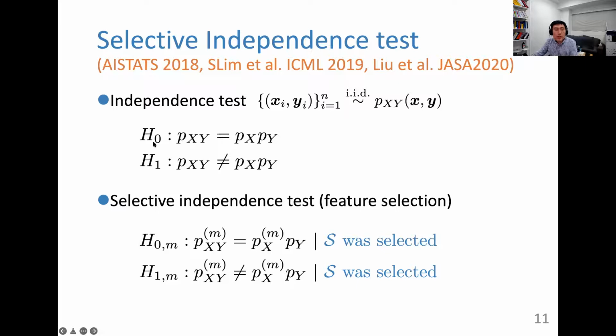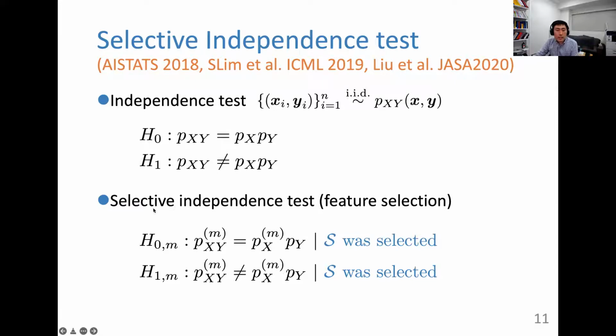The null hypothesis is that the joint distribution Pxy is equal to the product of the marginal distributions. This is the definition of independence, and the alternative is that they are not the same. This is a general independence test. People tend to use HSIC or other independence measures to do the testing.